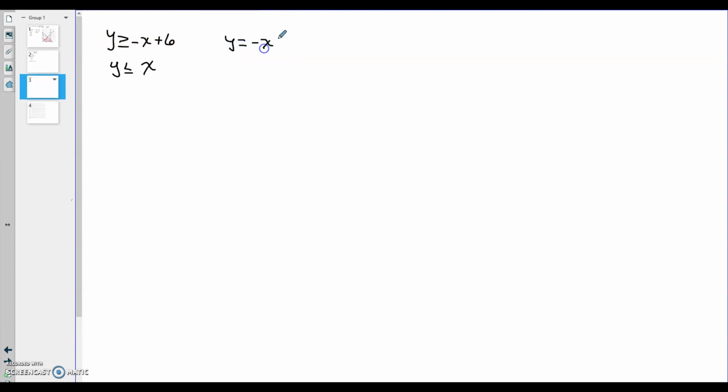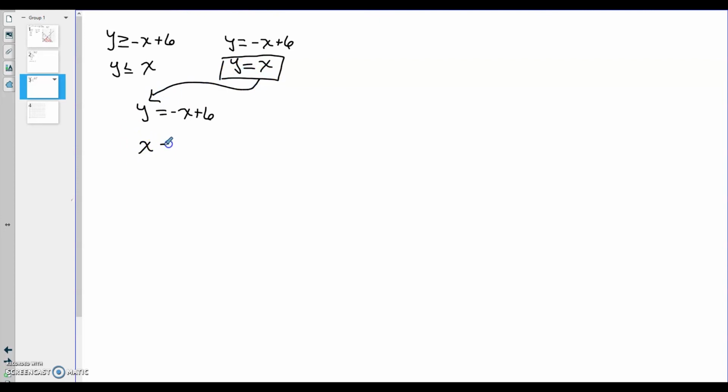Y equal to negative x plus 6 and y equal to x. Now again, we can see that it's fairly straightforward to do a substitution. We've got y equal to negative x plus 6. We're going to take this y equal to x, and that allows us to replace the y with an x. So we're taking this y and replacing it with this y, which we've said is equal to x.